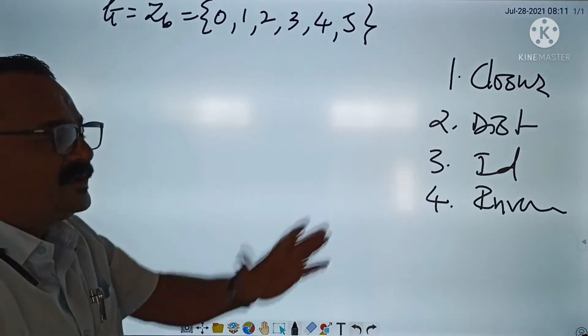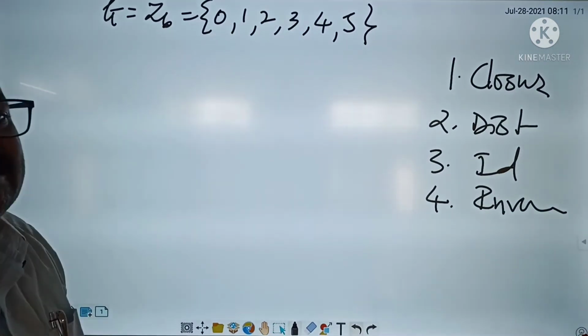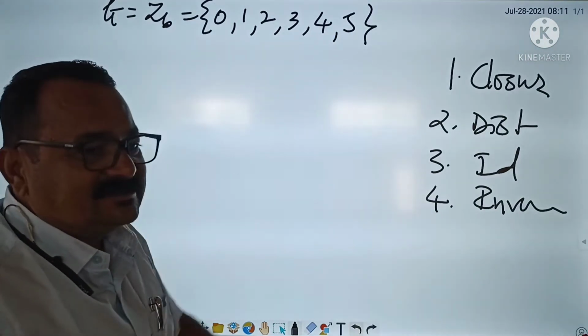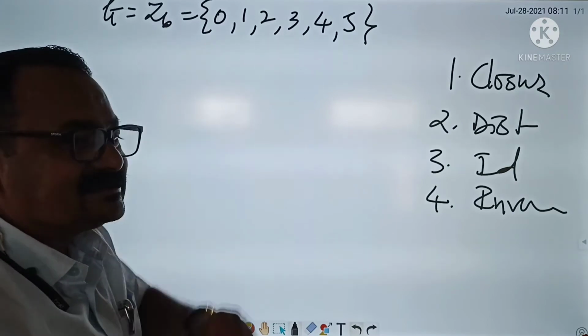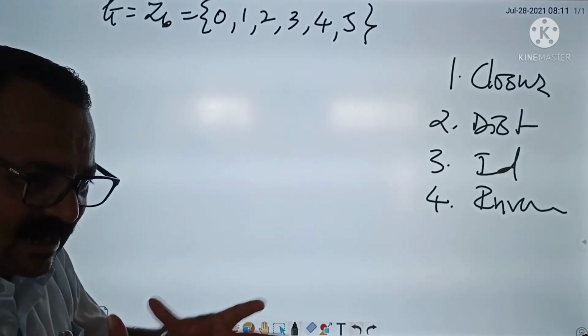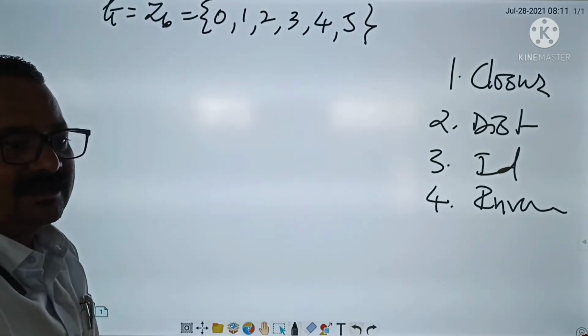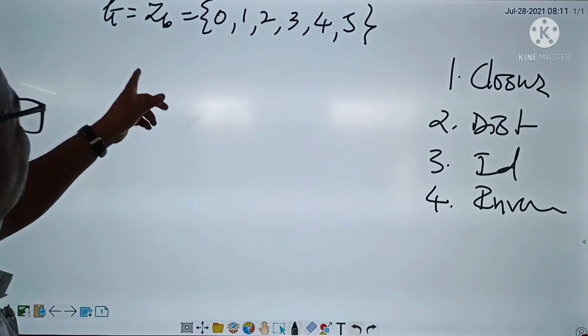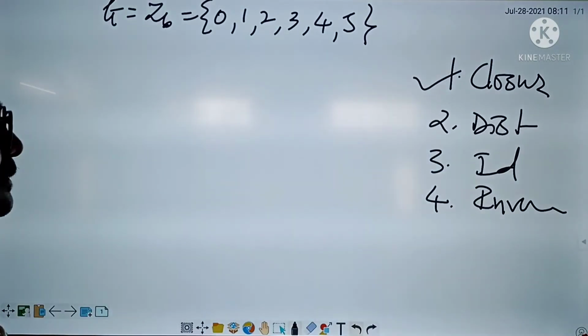Any two numbers we can add, the resulting element is in the set. That is 4 plus 5 is 9, 9 divided by 6 means remainder 3, 3 is in the set. Take any two numbers, add them, the resulting element is in this set Z6. So the first property holds.